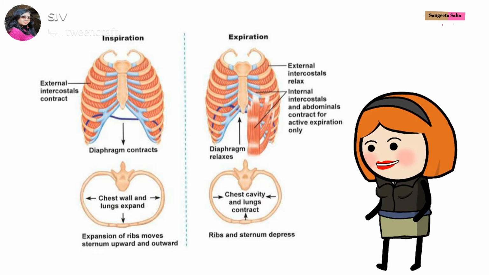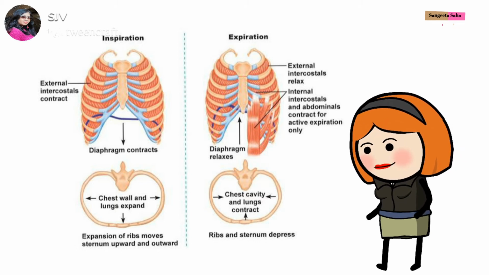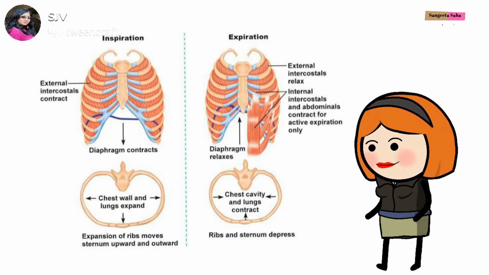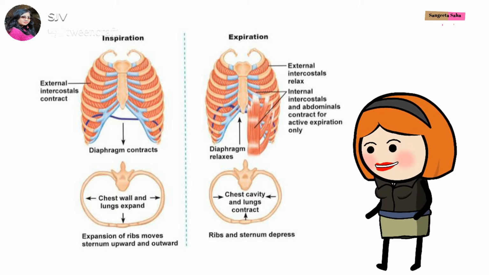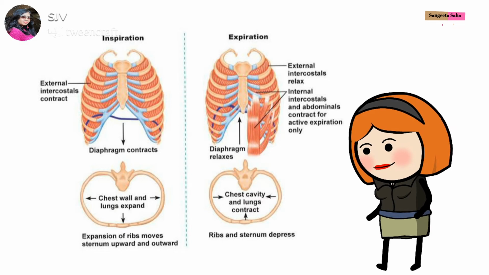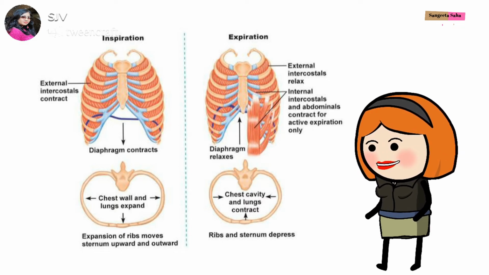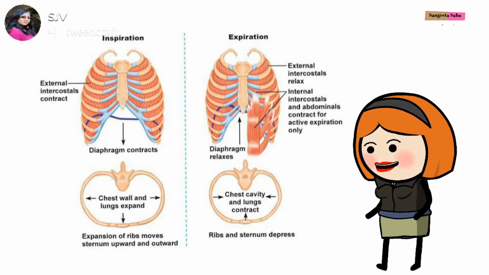So the ribs are pulled back to their normal position and the muscles of the diaphragm also relax and come to their original dome shape. As a result, the surface area of the lungs decreases and so the air pressure inside the lungs increases, and thus the air is expelled from the lungs into the atmosphere.